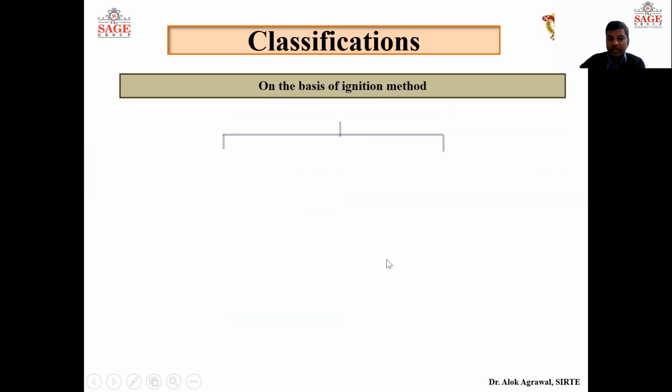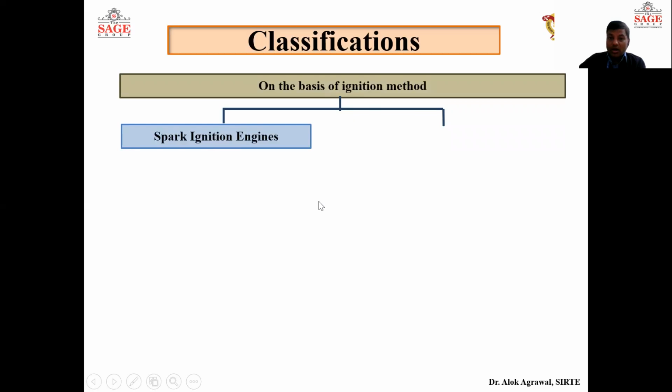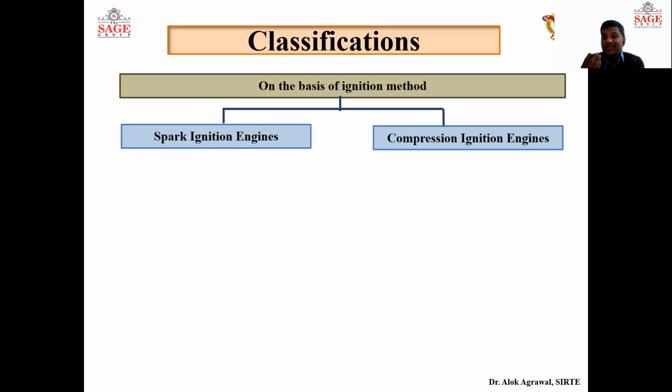Next, on the basis of ignition method. Ignition means how we are igniting the fuel, how we are initiating our combustion. On that basis, we have two types of engine, spark ignition engine and compression ignition engine. In spark ignition engine, we have a spark plug which is used to initiate the combustion phenomena. Whereas in compression ignition engine, we do not have that spark plug.